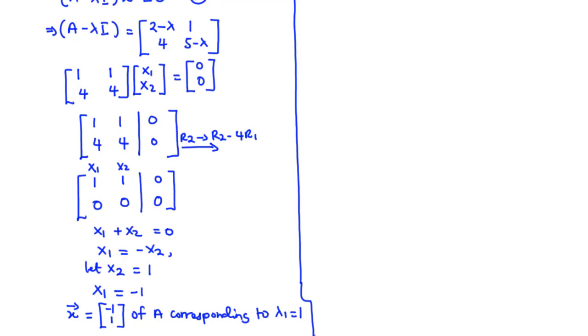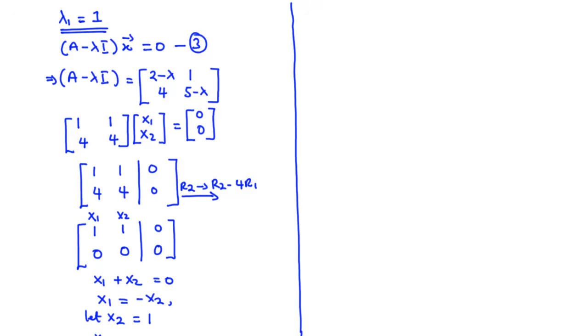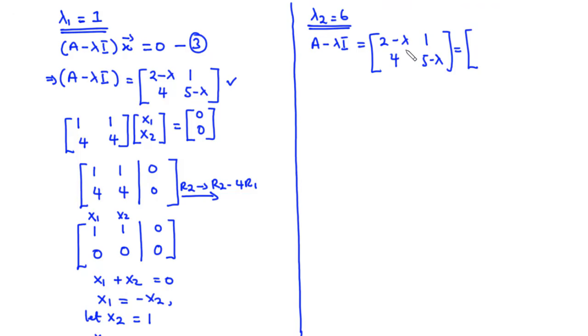Now let's find the eigenvector of A that corresponds to the eigenvalue lambda 2 equals 6. So for lambda 2 equals 6, starting from this point, we have A minus lambda I equals 2 minus lambda, 1, 4, 5 minus lambda, and since lambda here is equal to 6, then we have 2 minus 6, that is negative 4, 1, 4, 5 minus 6 is negative 1.